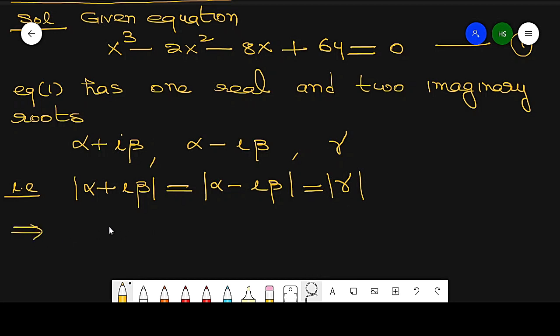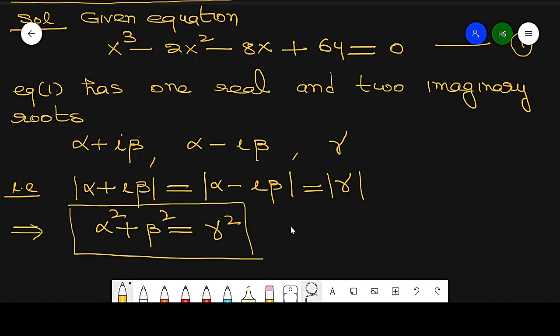It implies alpha square plus beta square is equal to gamma square. So it satisfies this condition. So it means the third root is the square root of alpha square plus beta square.